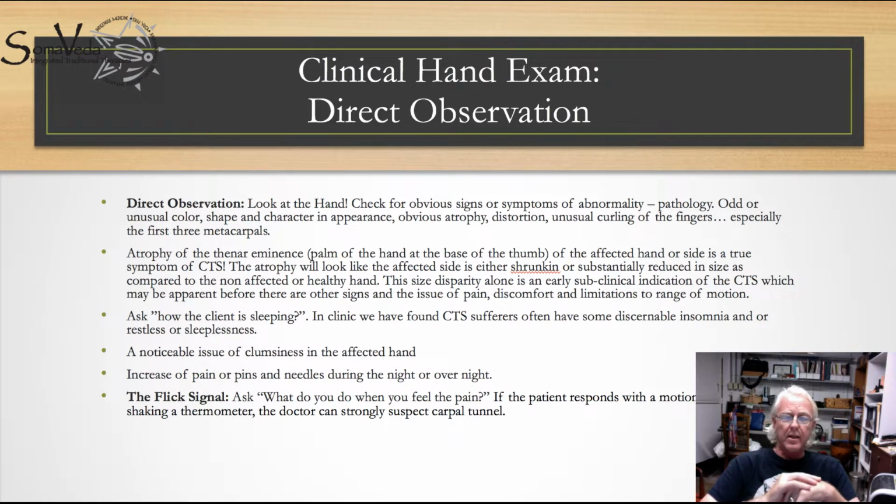All right, the first thing we're going to talk about is a clinical hand exam or direct observation. Direct observation is just exactly what it sounds like: to directly observe the client. Have a look at them, peruse them, scan them, listen to them, watch how they stand, sit, walk, look at their color, look at their breathing.